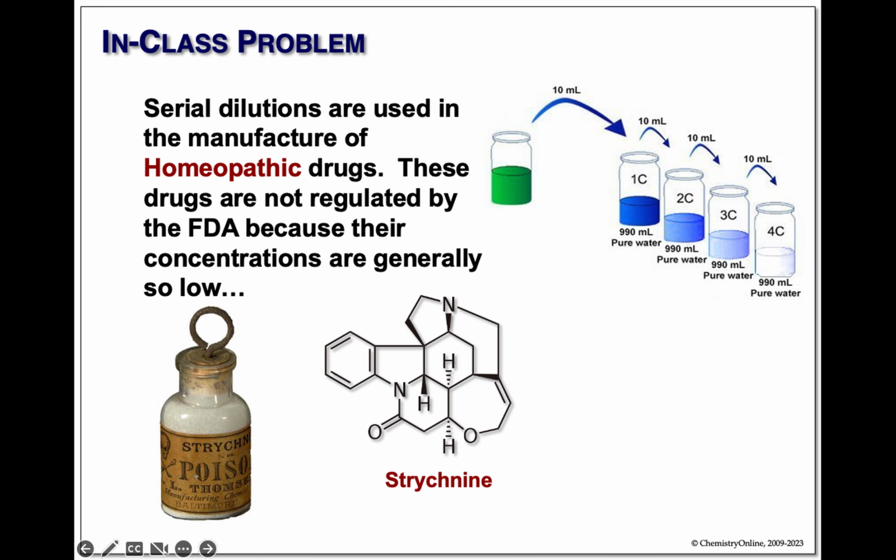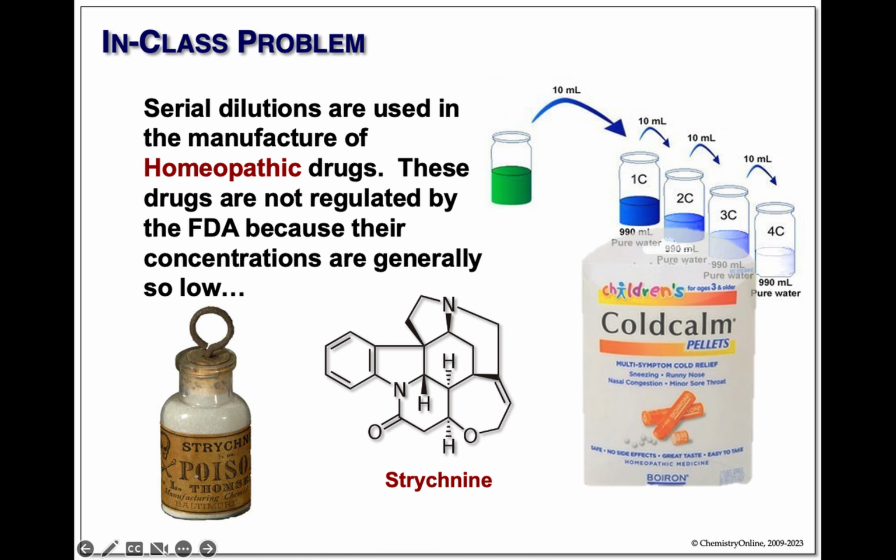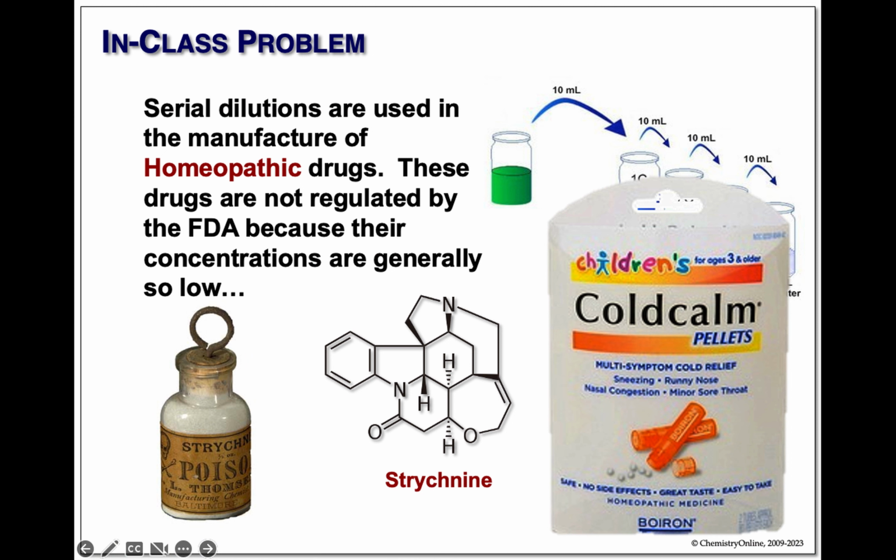Whatever. Strychnine. It's a poison. Now, things have changed, you would think. You can't really walk into Walgreens and buy a bottle of strychnine anymore, can you? But actually, you can. It's called Cold Calm. Children's Cold Calm.